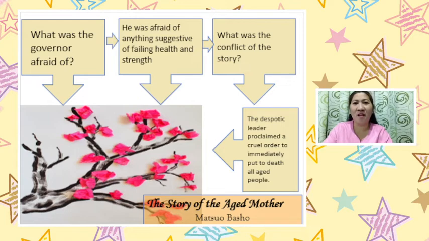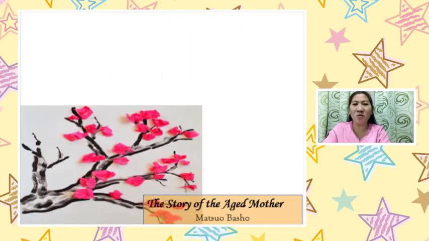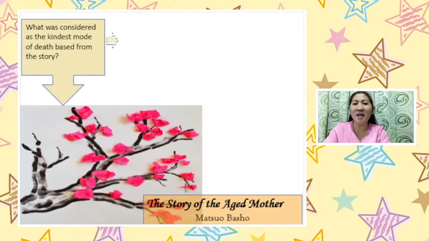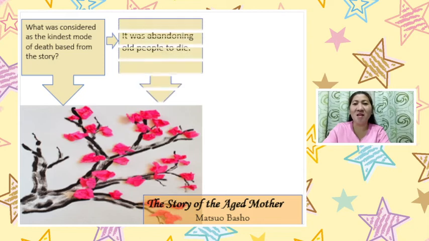And to think that abandoning all aged people was not a common thing for them to do. Thinking of it, what was considered as the kindest mode of death based on the story? Yes, it was abandoning old people to die.